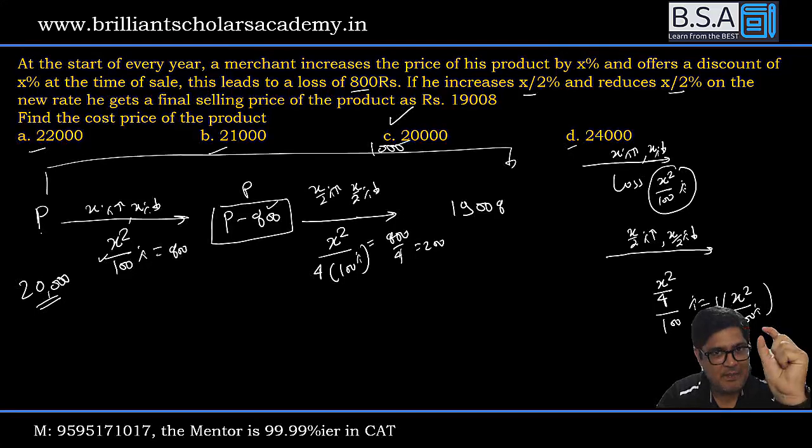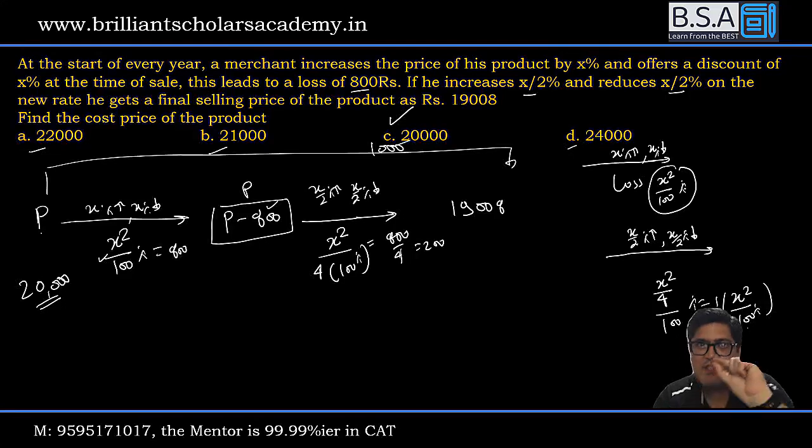On price P the decrease should be 200. Since the price is less than P, the decrease will be slightly less than 200, by 2 rupees, 4 rupees, 10 rupees. So this is how you predict the value of P.